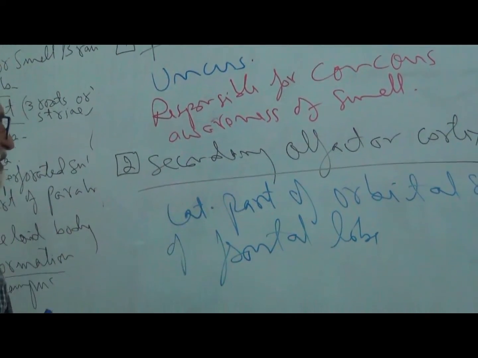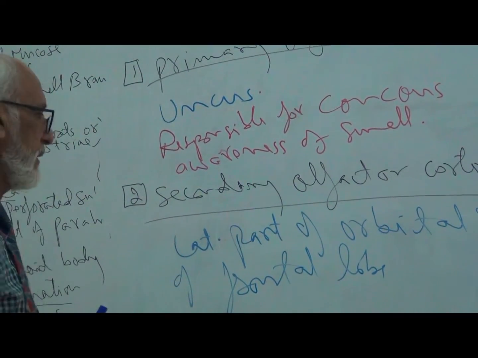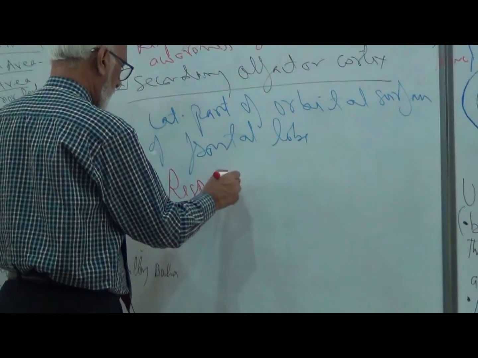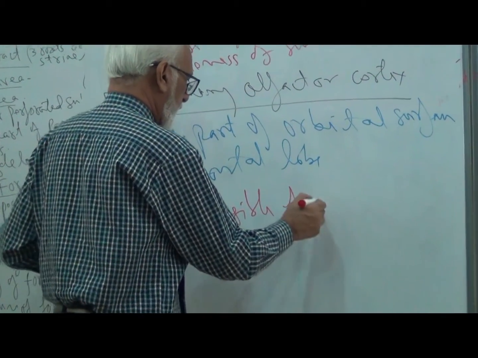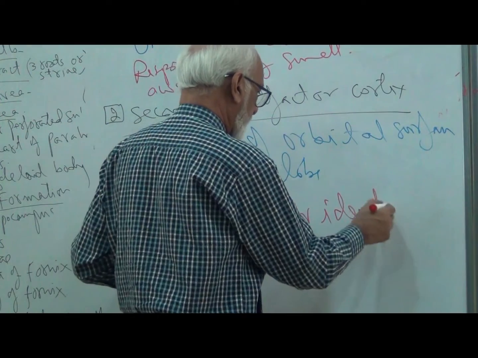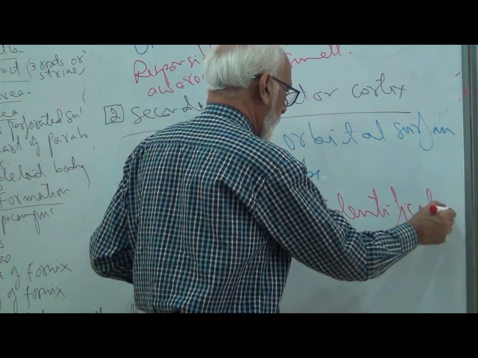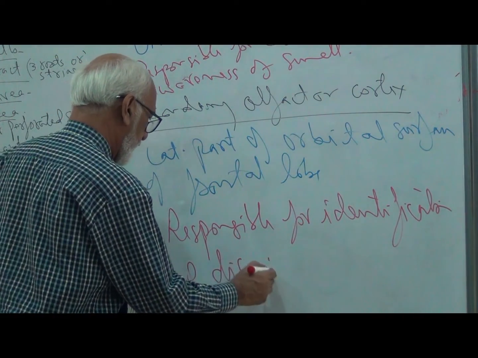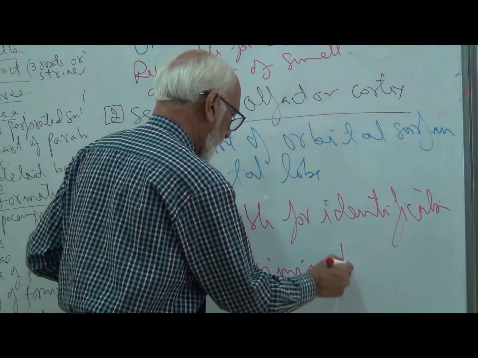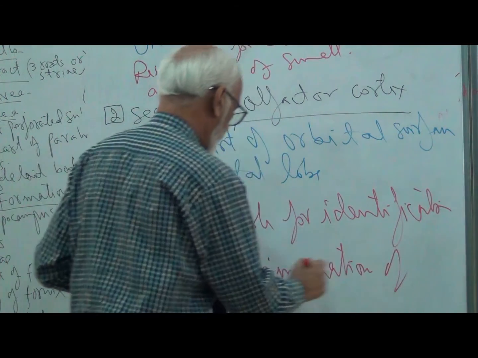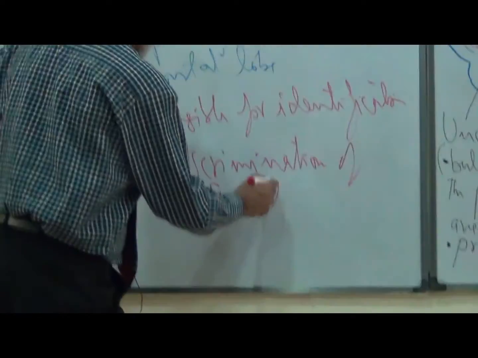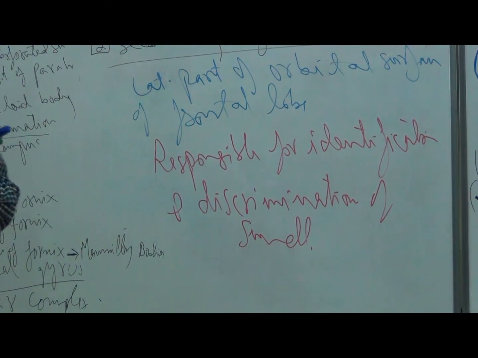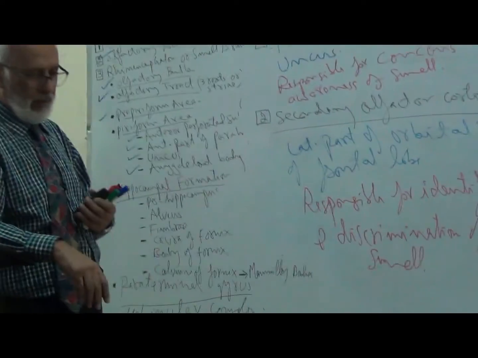And what is the function of secondary olfactory cortex? It is responsible for identification and discrimination of smell. The primary olfactory cortex just receives the smell and one becomes conscious of smell.